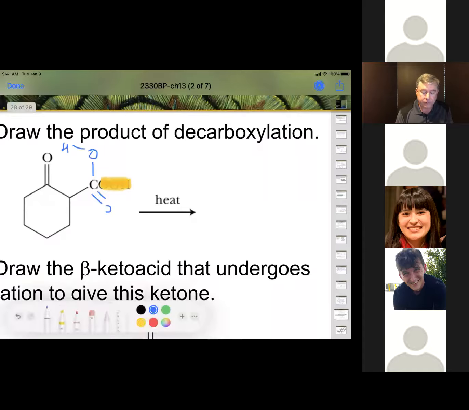When I redraw that such that that forms that 6-membered ring, it makes it easier to see where the electrons are going to go, right? Because the electrons are going to come here, the electrons are going to come here, and these electrons are going to come here. That means we're breaking this bond when we do it.